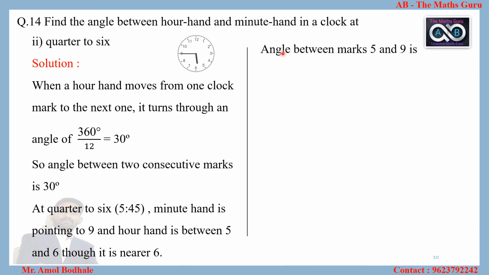If we calculate the angle from 5 to 9, in between there are 5 to 6, 6 to 7, 7 to 8 and 8 to 9. So there are 4 parts, that is 4 into 30, which is 120 degrees. But we have to calculate the angle between the two hands, which must be less than 120 degrees.